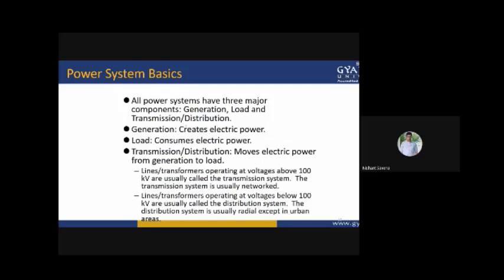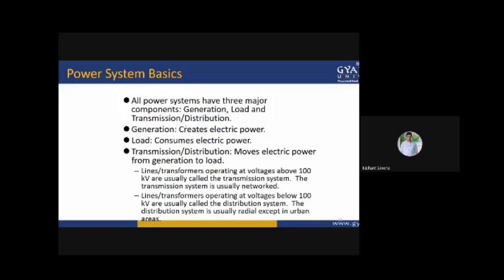That means the domestic loads, the fans, the electronic devices, whatever we have at the load side, are consuming electric power. So they are called loads. And transmission and distribution are basically the carriers. That is, they move the electric power from generation to the load.